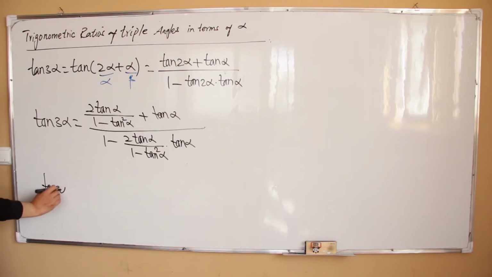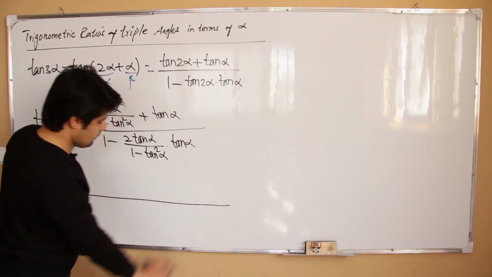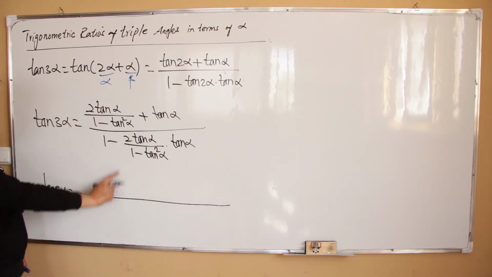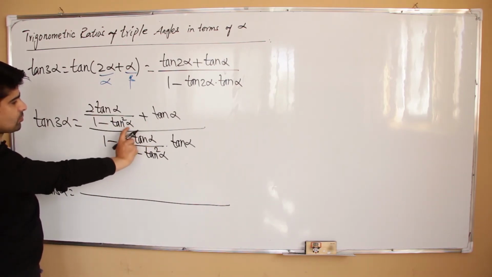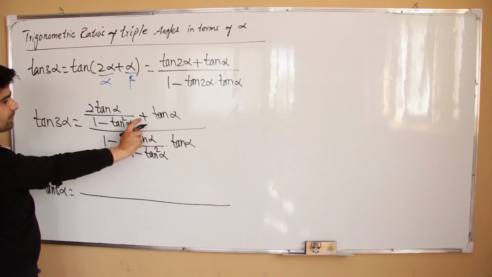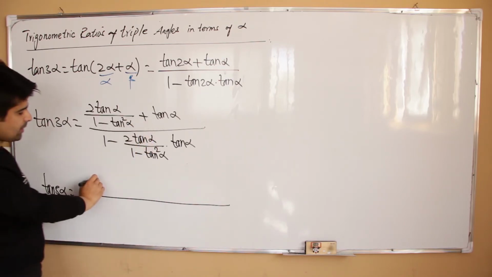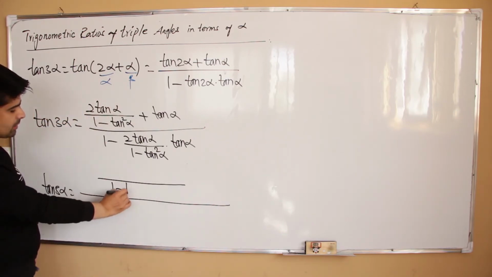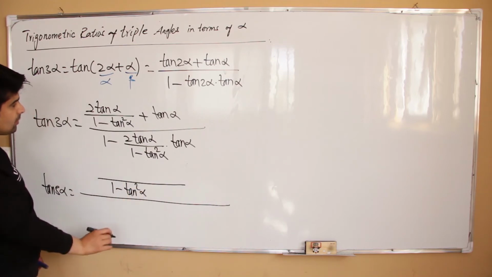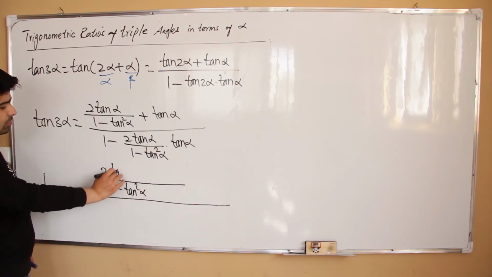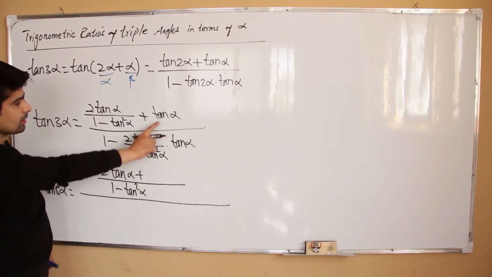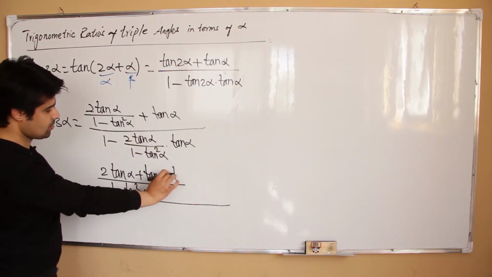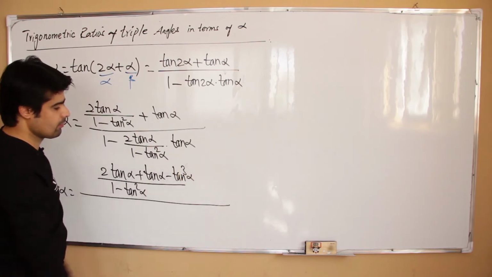So tangent of 3 alpha is, this is our line. Now for the simplification of this factor, you have to find the denominator factor. It is 1 minus tangent square of alpha, so the numerator is 2 tangent alpha plus this multiplied by this one, tangent alpha minus tangent cube of alpha, right?